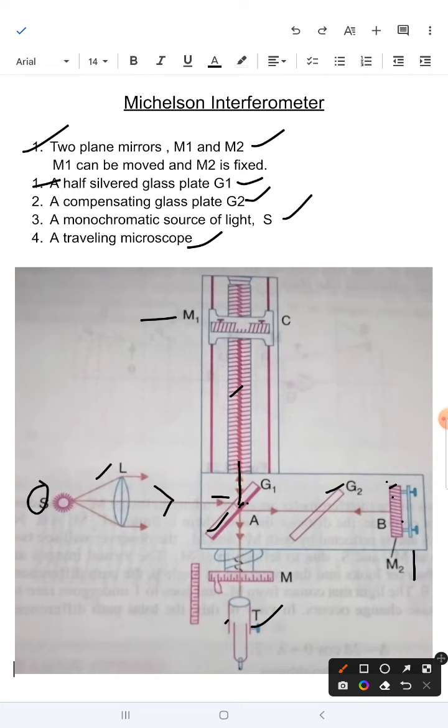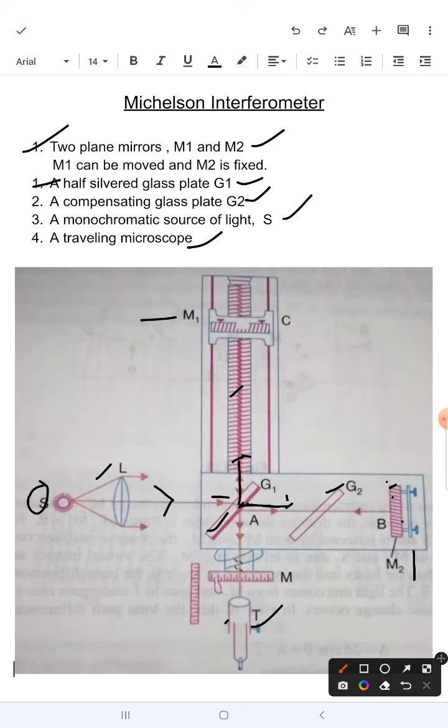One part moves upward towards mirror M1 after reflecting from the half silvered surface. The second part moves towards mirror M2, which is fixed here. We have one other glass plate G2.